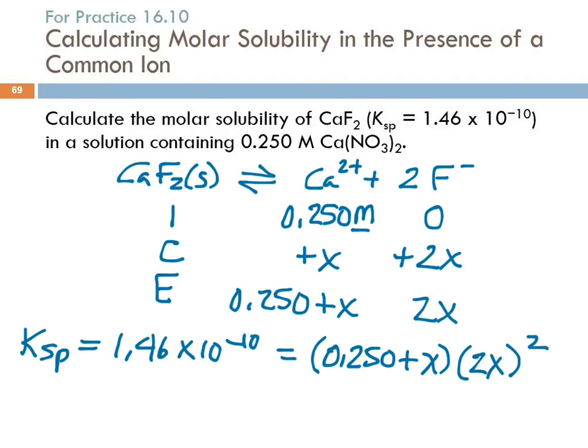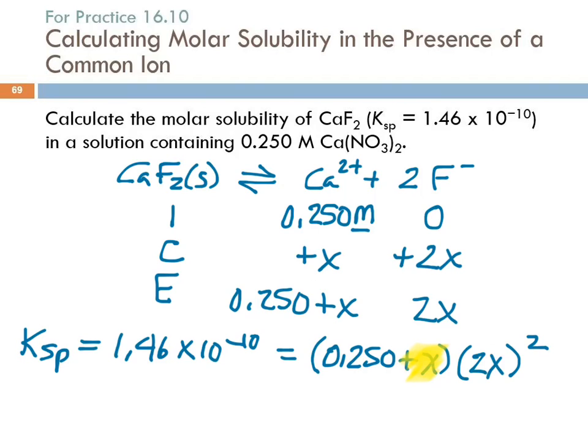Do you think x is small? Yeah, probably. This solubility product constant is very small. That tells us it's going to go this way a very small amount, and this initial 0.25 is fairly large. So we'll go with the x is small, and when we do that, we just ignore this guy.